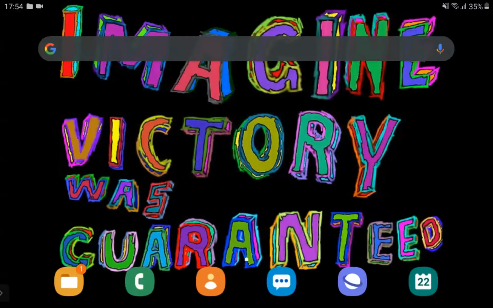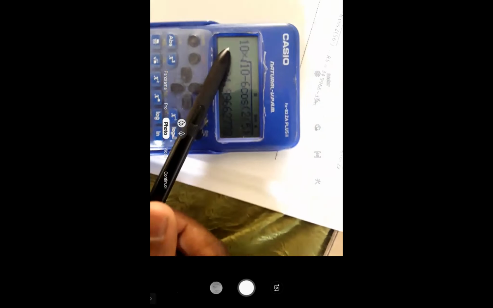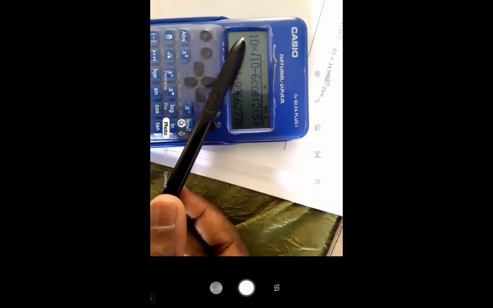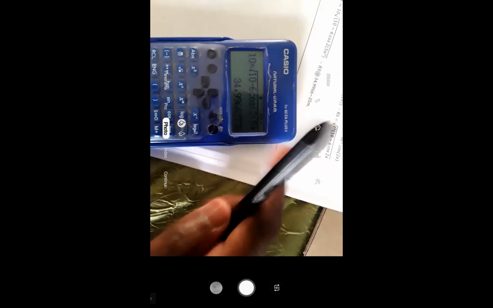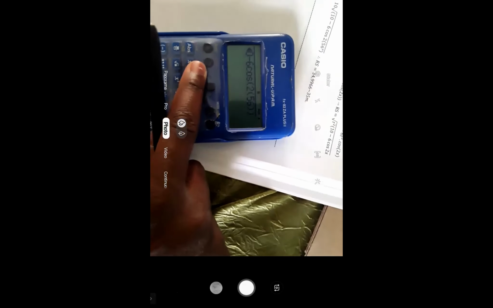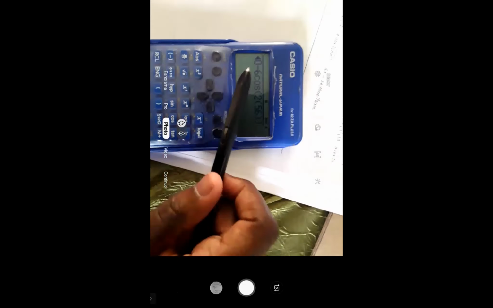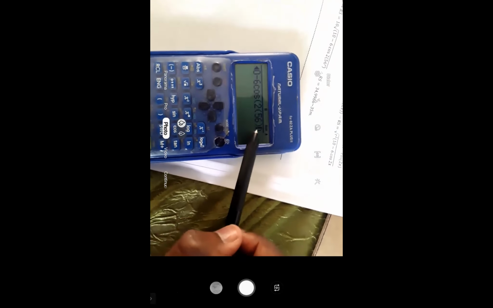Just switch on this camera thing here so that you can compare with your side. So in the calculator, you see I put the 10 first, right? Is that what you put? Yeah. And then times, and then the square root symbol, and then 10 minus 6 cos, open bracket, and then you close it, and then inside you put 2 times the 56.